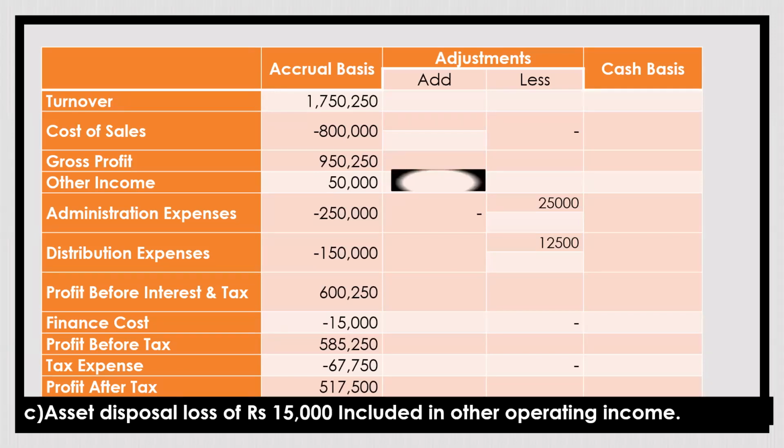Now, from the other income figure, we have already deducted this loss. Other operating income has a credit balance. This loss is a debit balance. Therefore, this loss has reduced the other income balance. Now, to arrive at the cash basis, we have to add it back.